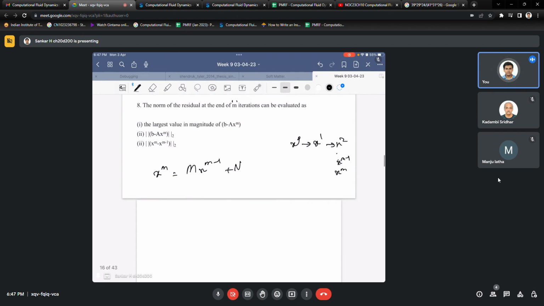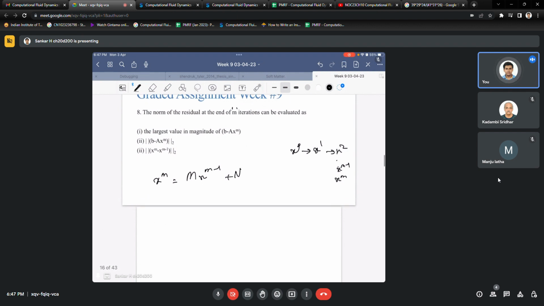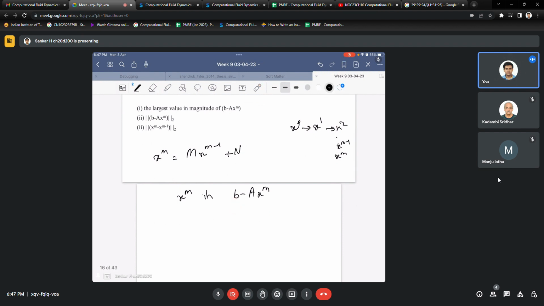For that, what we do is we substitute the value of the mth iteration, xm, in b minus A times xm, where b is the constant vector, A is our square matrix we started with, and xm is the solution after the mth iteration.